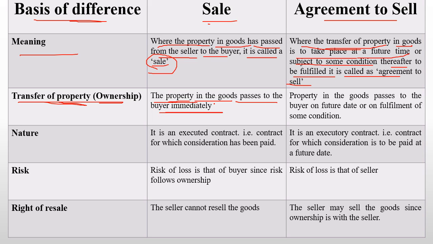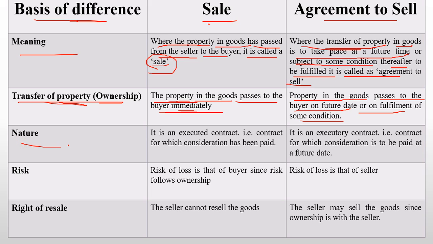Whereas in agreement to sell, ownership of goods passes to the buyer on a future date or on fulfillment of some condition. So if the farmer says, after 3 months I am going to give you the onions, then after 3 months the ownership of that onion is passed to the buyer.